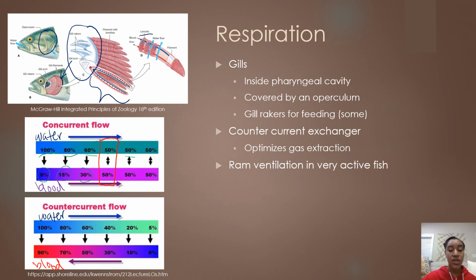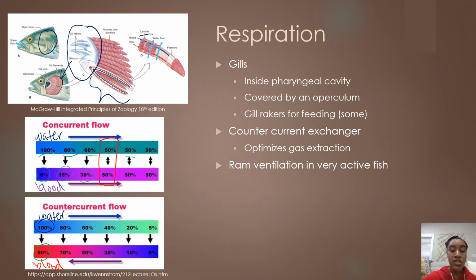And so you can see that if you look at this picture here, let's say we start with 100% saturation in the water of oxygen. And then even if we do that, we have 90% saturation in the blood, which is still less. So we're going to keep pulling oxygen from the water into the blood.